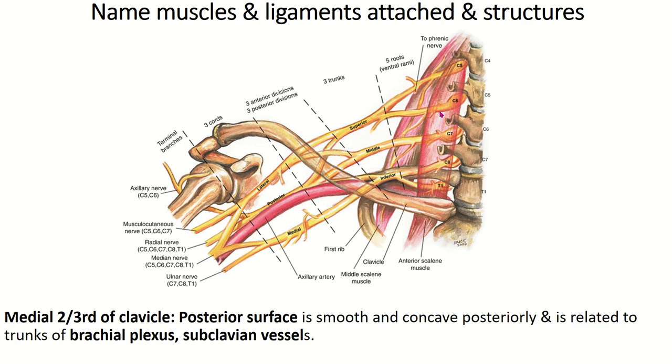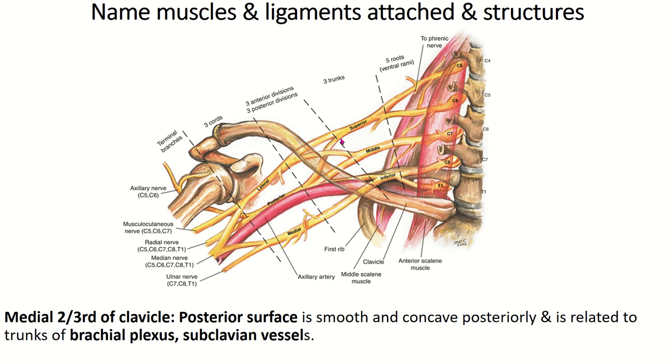The upper two roots unite to form the upper trunk. The middle one runs alone as the middle trunk, and the lower two roots, cervical 8 and thoracic 1, unite to form the inferior trunk. This is situated in the posterior triangle of the neck.